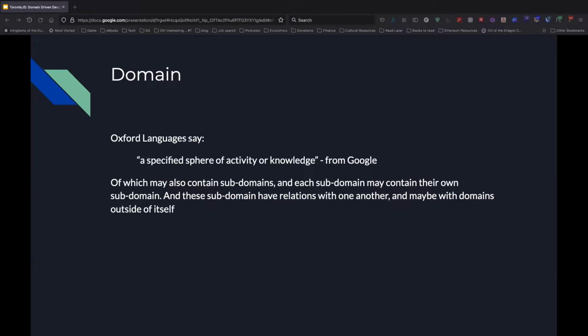Now, usually us developers or software engineers are not as proficient in the business domain as the business people. That's why domain-driven design asks us as developers and software engineers to consult and talk to the domain experts continuously and often, and discuss things with them to gain knowledge about the domain from them.